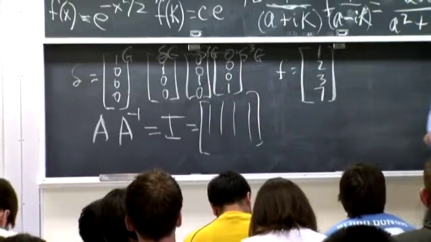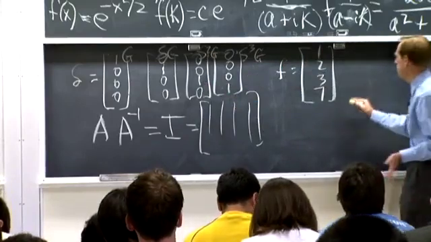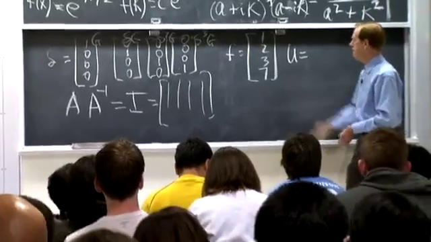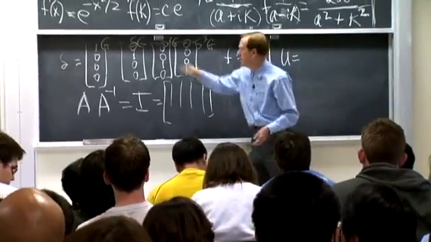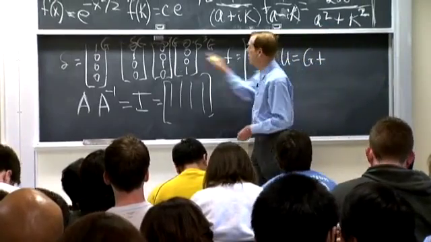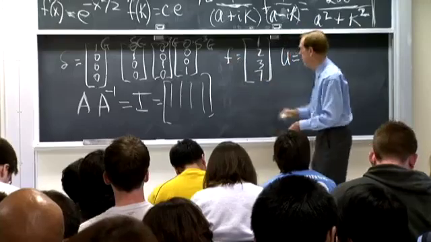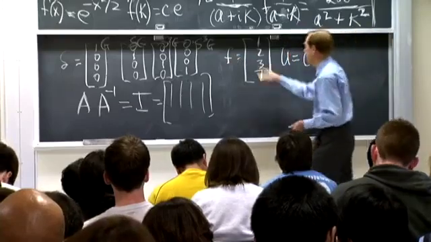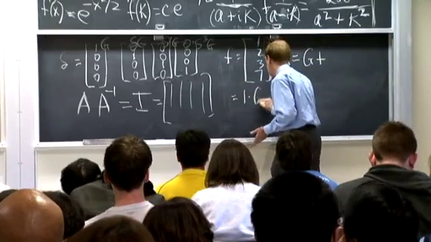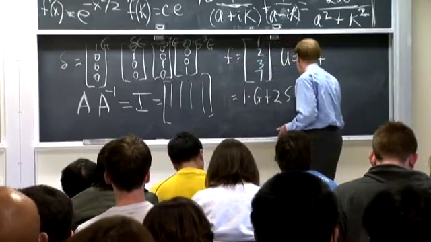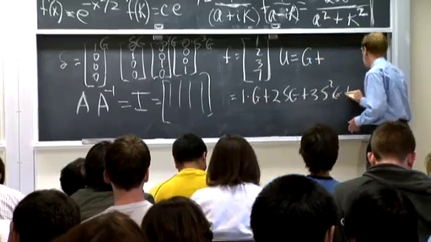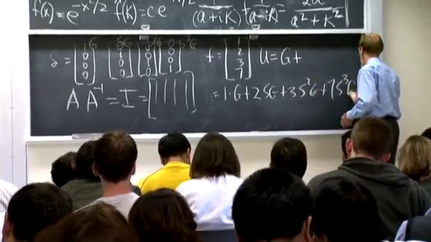I never used them before. Then U is what? This F is 1 times the Green's function, 2 times the shifted, 3 times the double shifted, and 7 times the triple shifted.